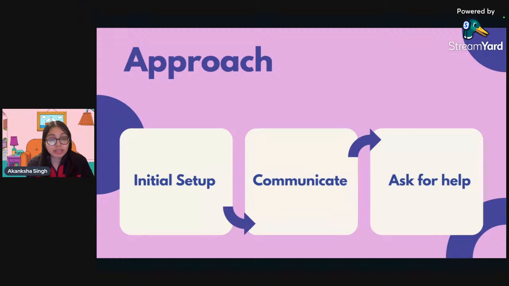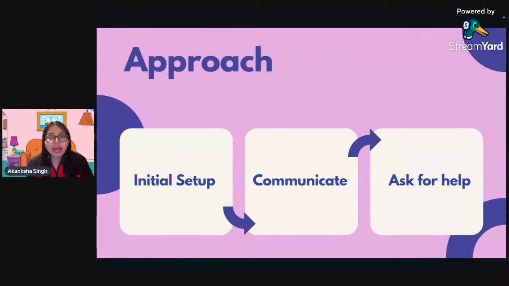You can just set up your GitHub repo and have a communication channel like a WhatsApp group or something where you can communicate what you're working on. Just so everybody knows what the other person is working on and how you can help or assist them, or if there's something that you can take up and do on your own. You can also ask for help on that platform.